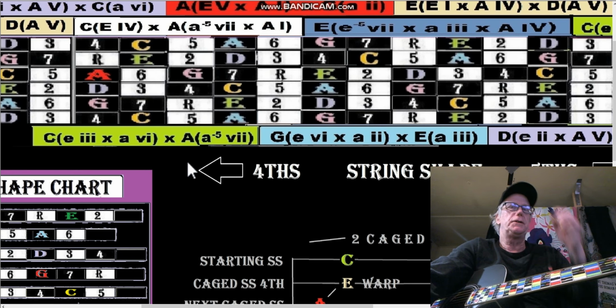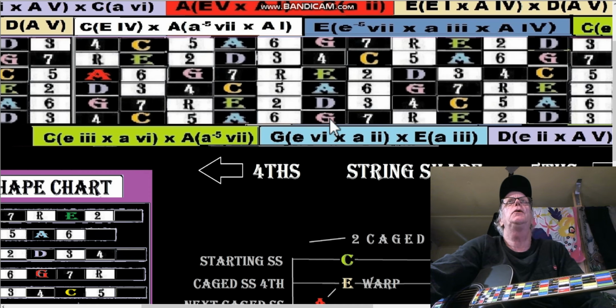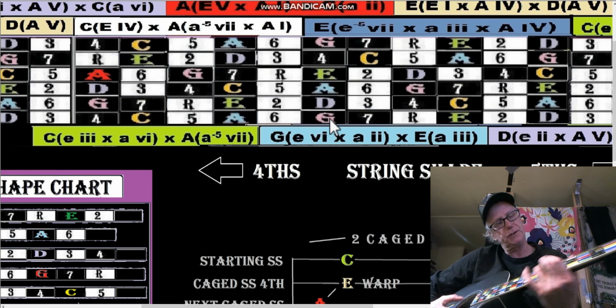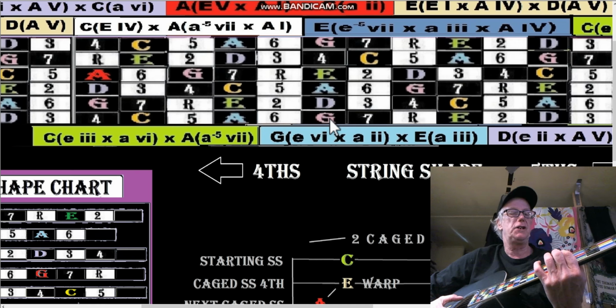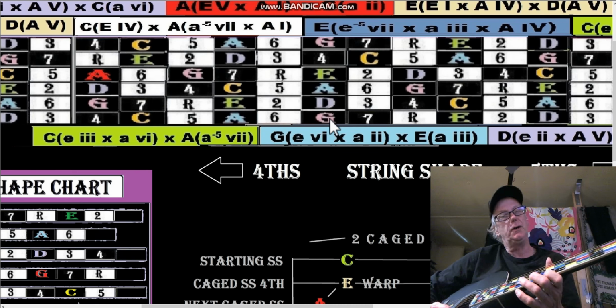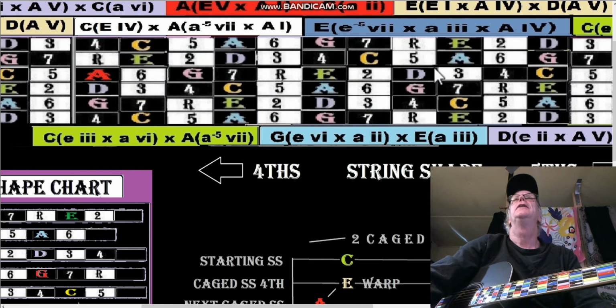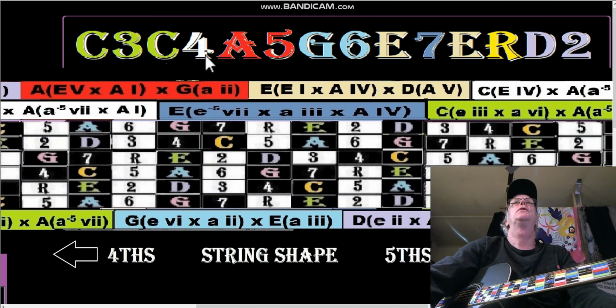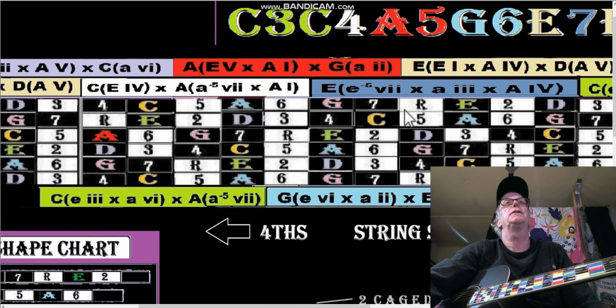But the rule I want to mention for us to move on is that if we just play away, 4, 5, 6, 7, root 2, 3, 4, 5, 6, 7, root 2, 3, 4, 5, 6, 7, like that, or just 5, 6, that takes us from a C long 4 to an A. So we've gone to the next cage. There, we've gone from C4 to A5. It's always going to take us to the next cage if we play away the string shapes.